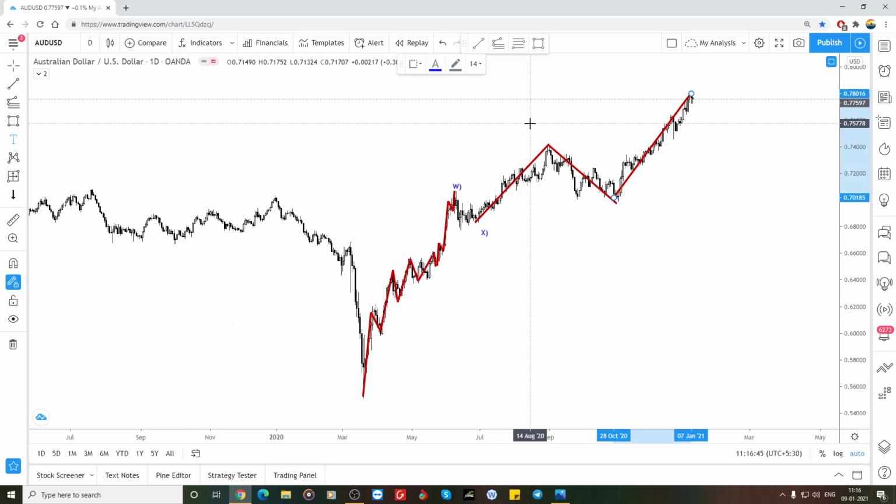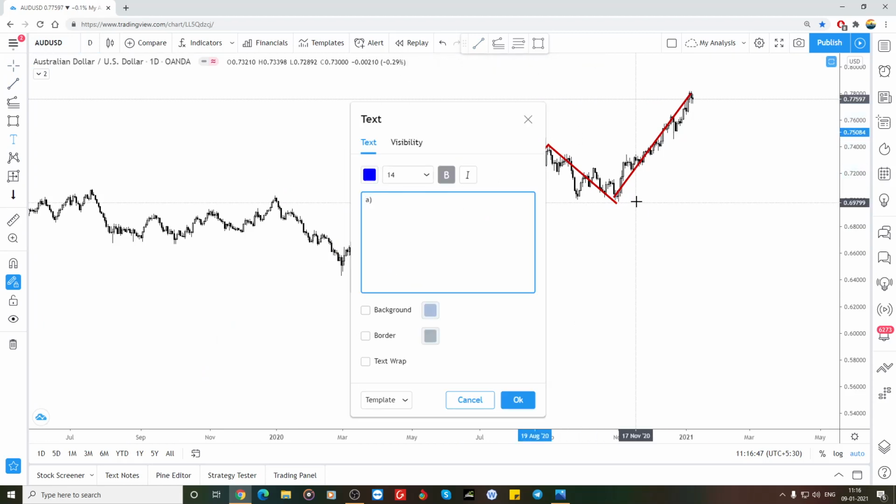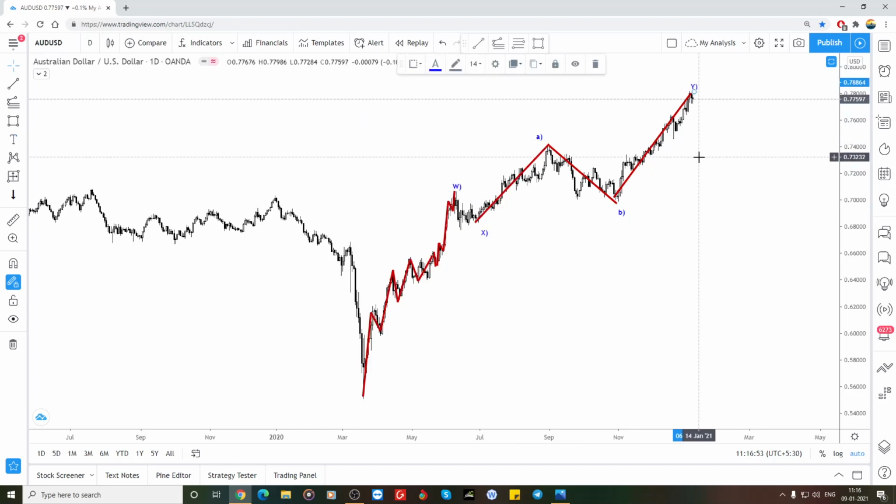So here it's A, here is B, and here is the Y. So W, X, A, B, C as a Y is completed.